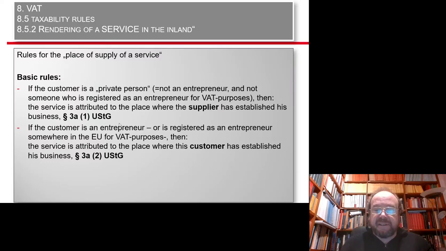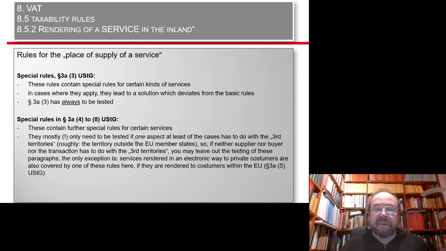Here you see it again in a slightly better version, I hope. Basic rules are: if the customer is a private person, then the place of supply is where the supplier runs his business, has established the business. Or if the customer is an entrepreneur too, then the service is taxed at the place or is attributed to the place where that business customer has established his or her business.